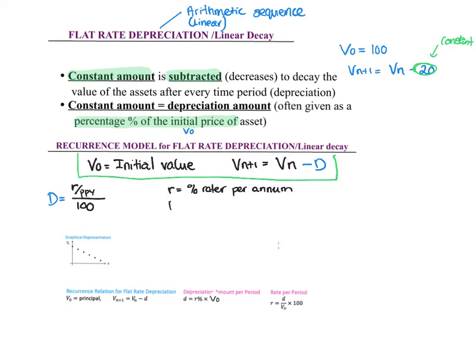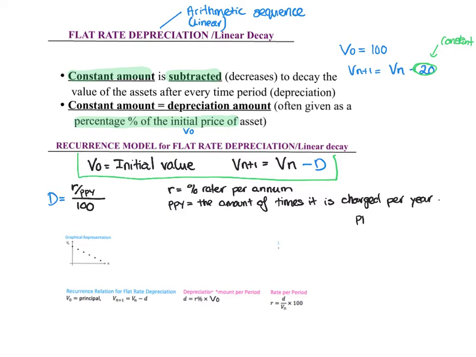So what I'm going to say, PPY is the amount of times it is, I guess what you're going to say, charged or something per year. So we'll just put a few little examples.